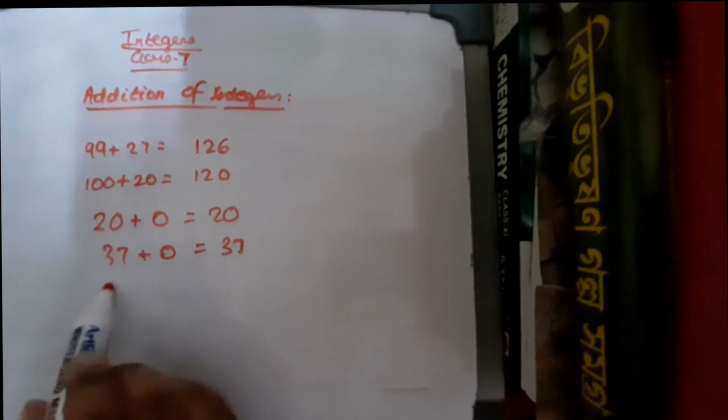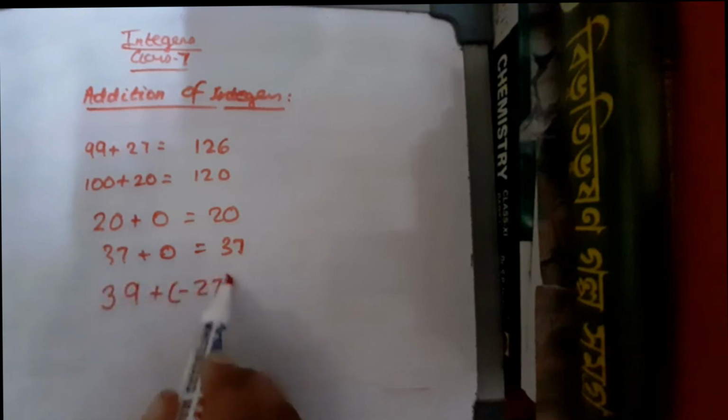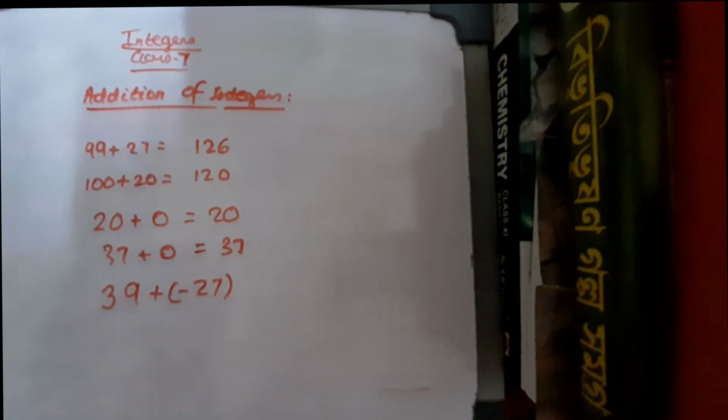Okay, but then what if someone asks you, what is 39 plus minus 27? What will you do now? Because I told you that integers can be positive, or negative, or 0. So what if they tell you to add one positive integer and one negative integer?